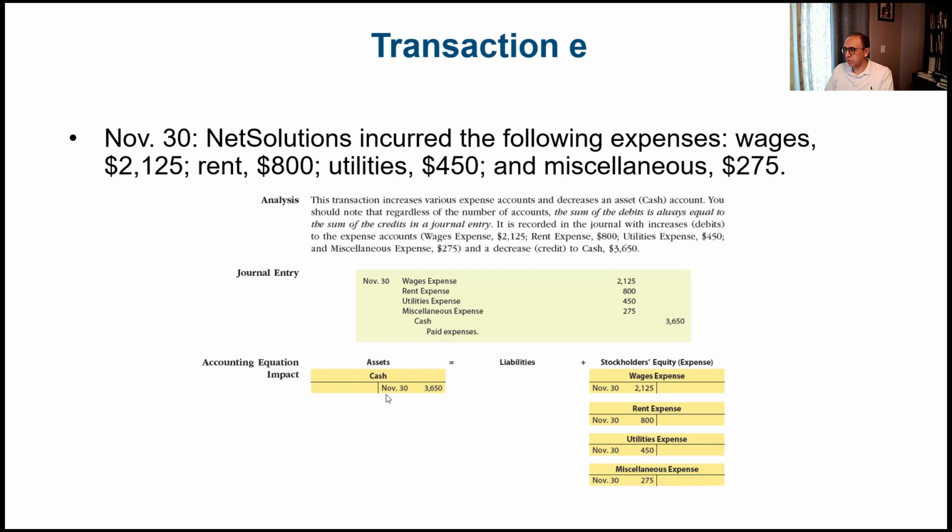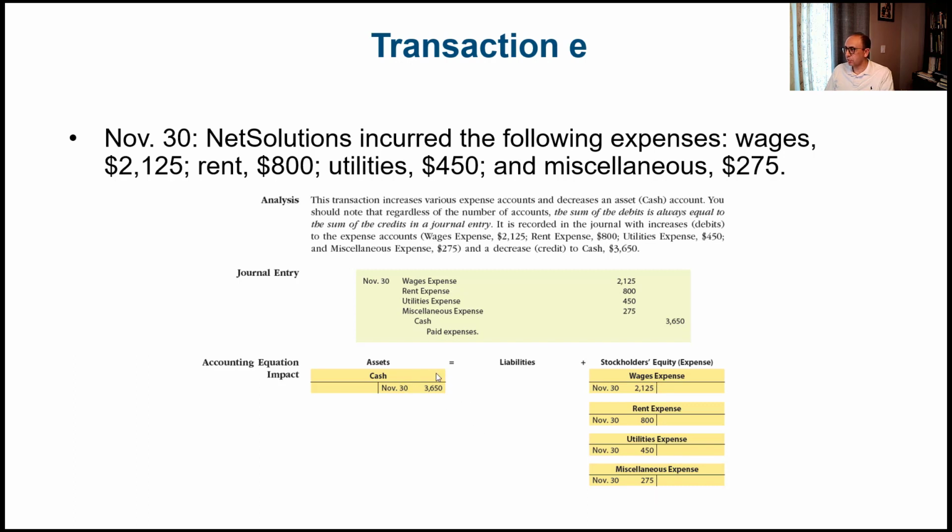And the T account here is recorded on the credit side for the total of these expenses that we had. And then all these expenses, each one of them has its own T account, and we recorded the $21.25 for wages expense, $800 for rent expense, $450 for utilities expense, and $275 for the miscellaneous expense. So the total, when we add them up, that's the amount of cash we paid.